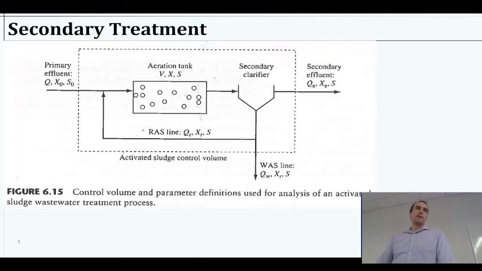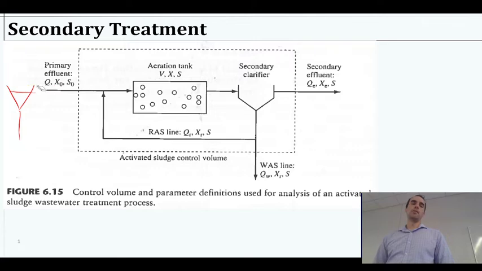So when we think about a typical secondary treatment process, we're taking what we would call primary effluent. So in your mind, if we encounter a word problem that says we've got primary effluent, what that's referring to is water that's coming out of a primary treatment step.